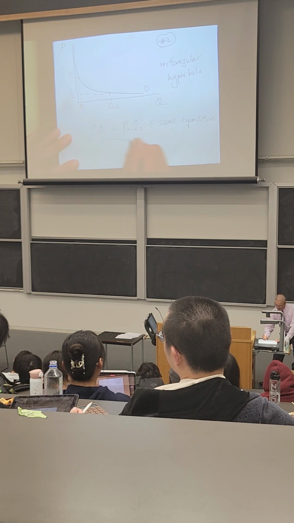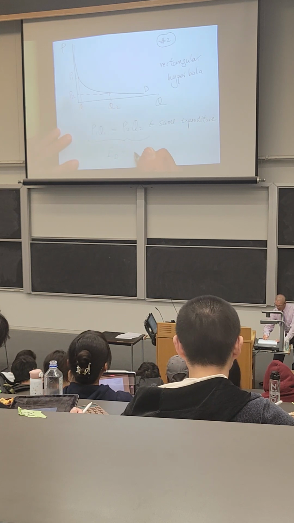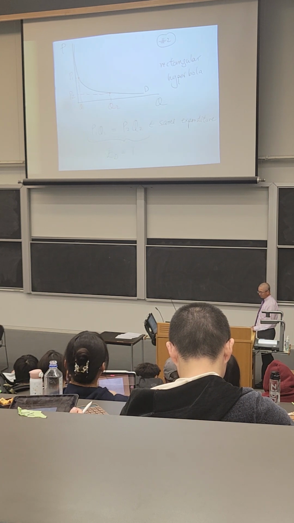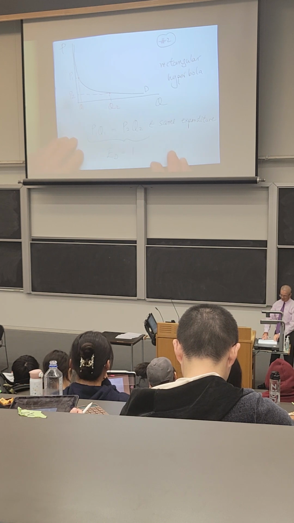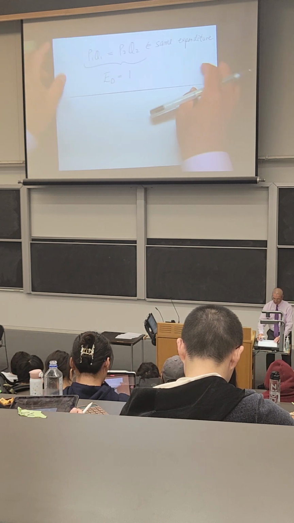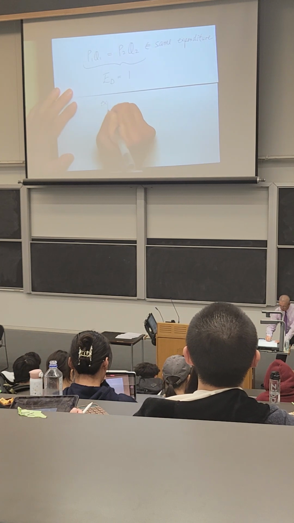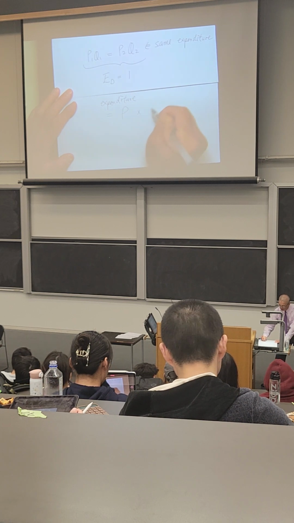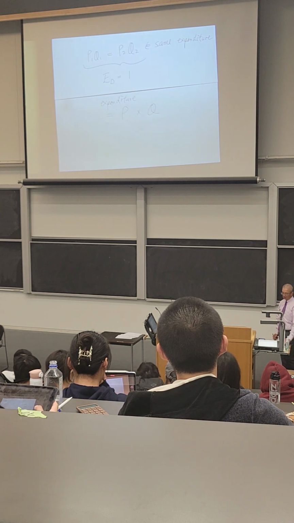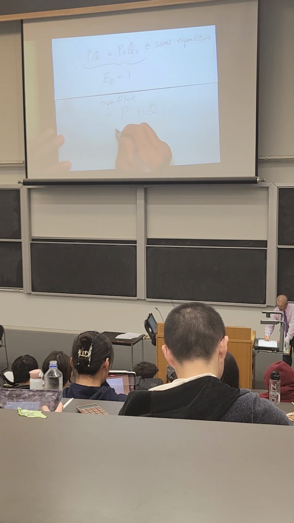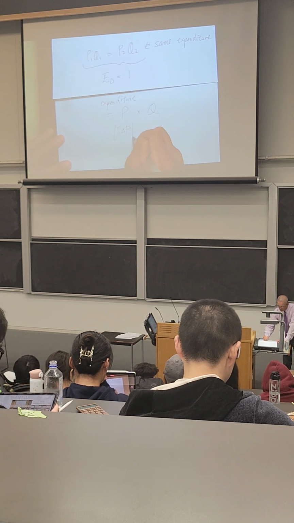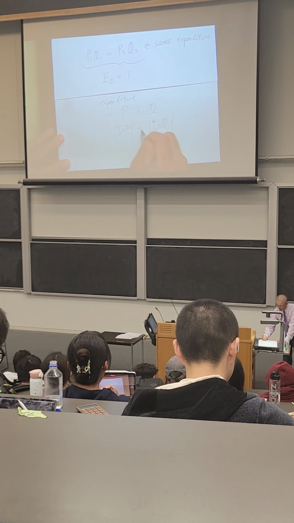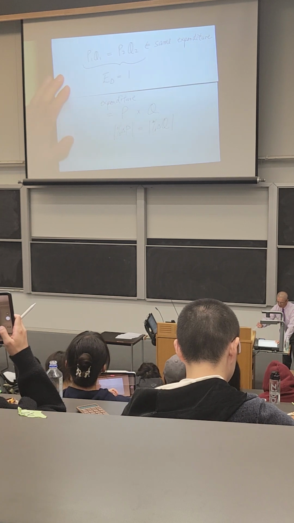And in this case, the demand elasticity is unit elastic. Because the expenditure equals price times quantity. So if the percentage change in price and the percentage change in quantity are equal to each other, that is unit elastic.